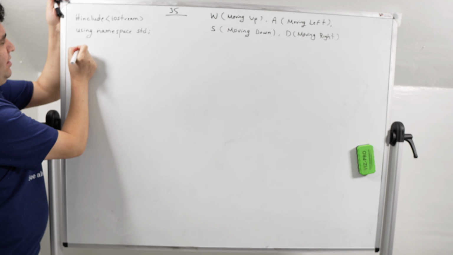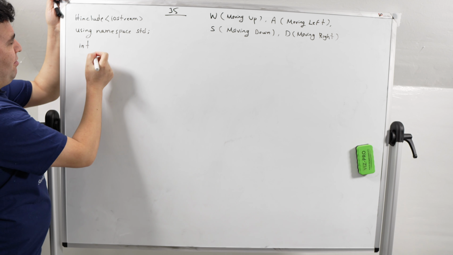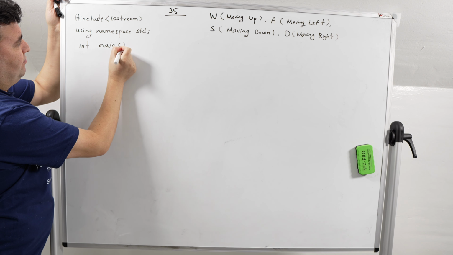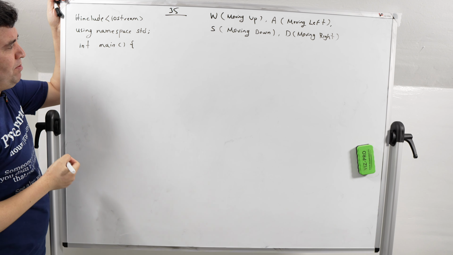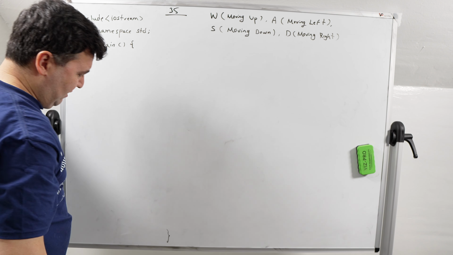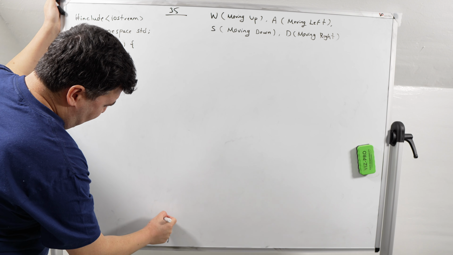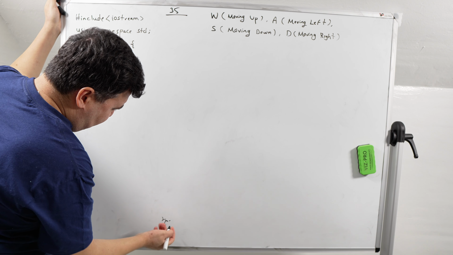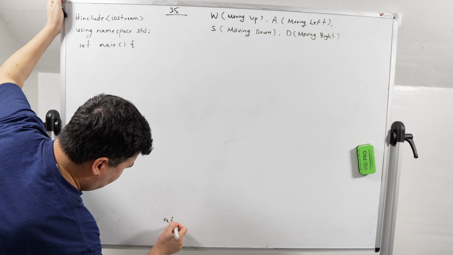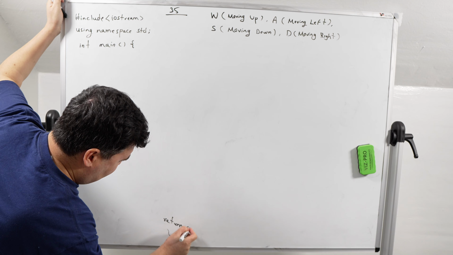Then we write our main function, int main. We open the curly braces for the main and close the curly braces for the main function. And at the end of the main function, of course, we have return 0. You need to be careful not to forget this statement, return 0.